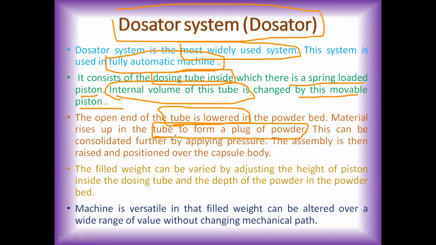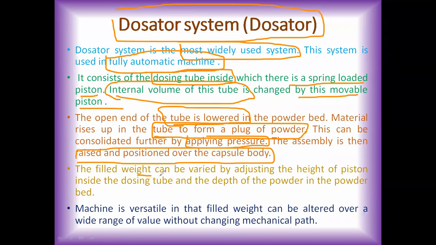The open end of the dosing tube is lowered into the powder bed where the material will rise up in the tube to form a bulk of powder. This can be consolidated further by applying pressure. This assembly is then raised and positioned over the capsule body. So in the next slide, when you see the schematic diagram, things will be more clear to you.